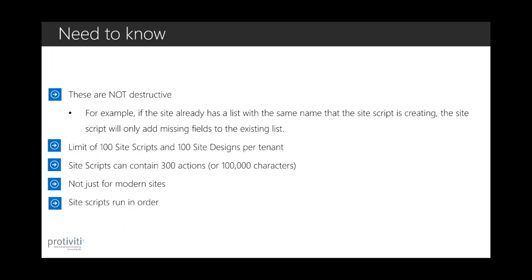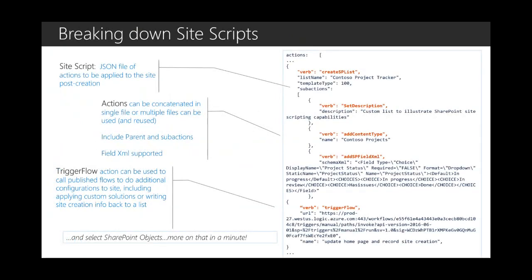So make sure that you know what needs to come first, right? I can't create a list with a column in it unless the column exists. So if you have site scripts that are going to create columns, make sure those run before site scripts that create lists.